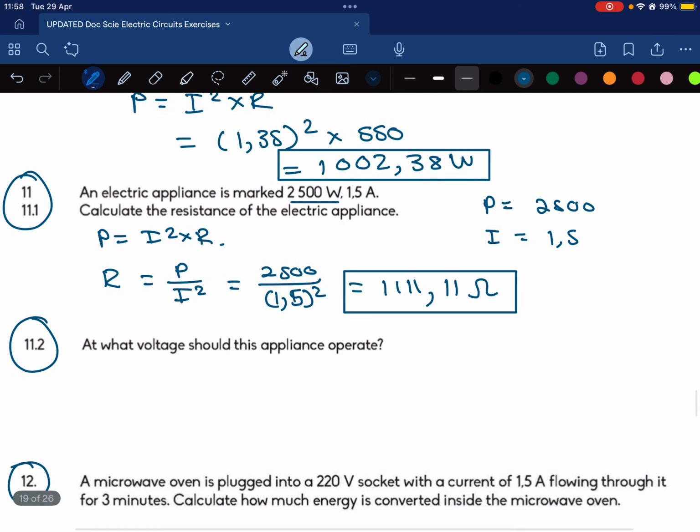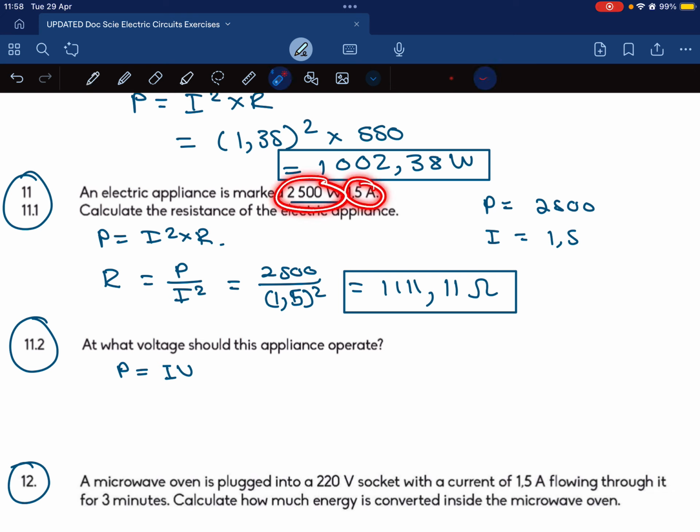Okay, and what voltage should this appliance operate? We can use our power is equal to I times V. You can use any formula based on the information that we have. I'm just using P is equal to I times V because we've been given the current and the power, so it will be better to use this equation just in case the other one had to be wrong.